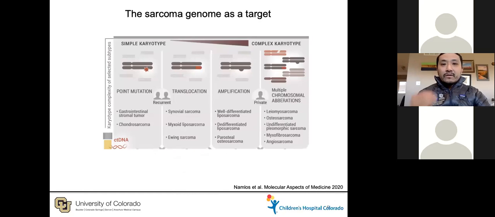The sarcoma genome as a target, as those of you who are not familiar with sarcomas may not know, has a wide variety of diagnoses.